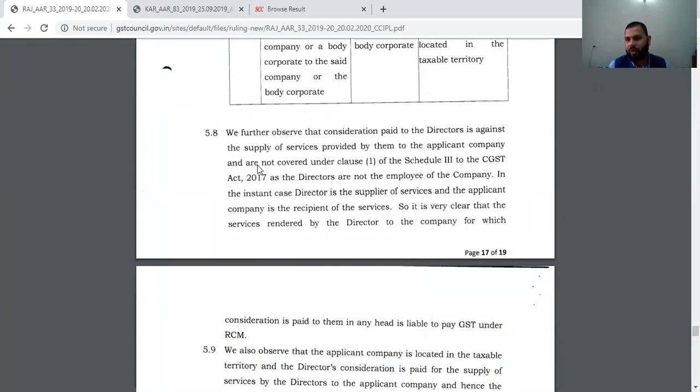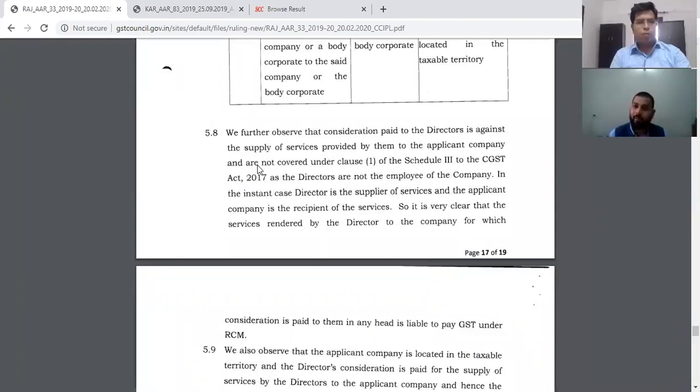They say that we further observe that the consideration paid to the directors is against the supply of services provided by them to the applicant company and not covered under clause 1 of Schedule 3, as the directors are not the employee of the company. In the instant case, the director is a supplier of services and the applicant company is a recipient of services.